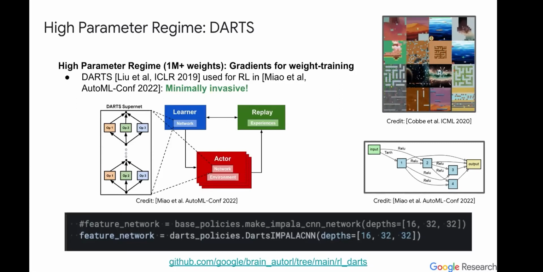One method we found actually works pretty well in RL is DARTS. The reason is that it's very minimally invasive. In reinforcement learning, when you train a policy, you can have many different distributed components all communicating with each other through RPCs or something, and you don't want to complicate the process too much because it's already kind of complicated. In DARTS, you can just replace your network with the supernet.